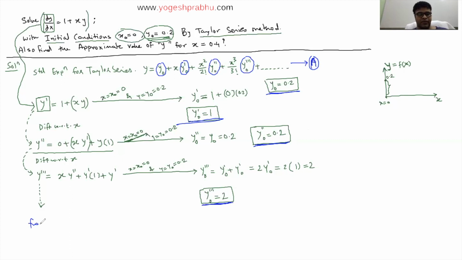So from equation A, we will get y equal to, let's put the values, y naught, the value of y naught is 0.2.